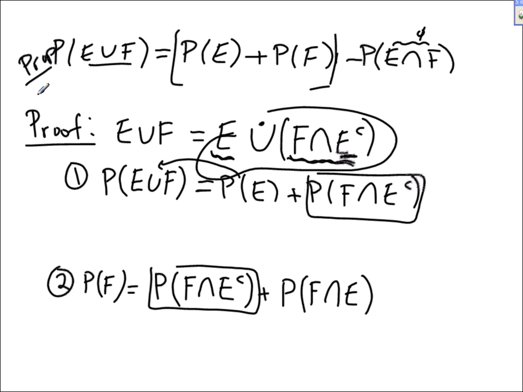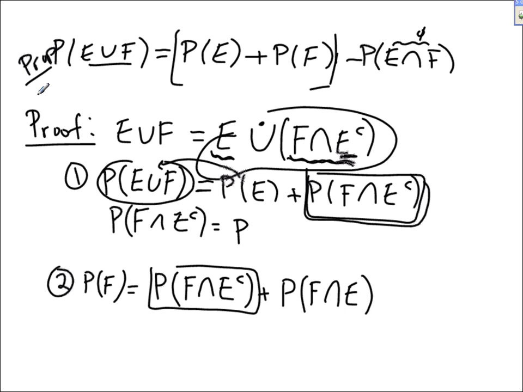I'm just going to bring the P of E over as minus P of E. So the probability of F intersect E complement is equal to the probability of E union F minus the probability of E.